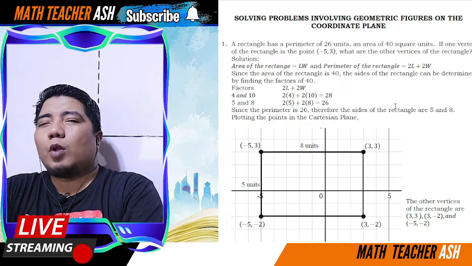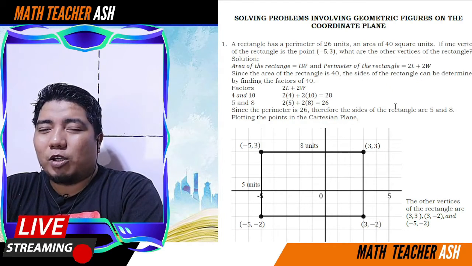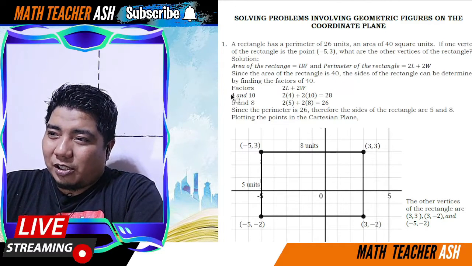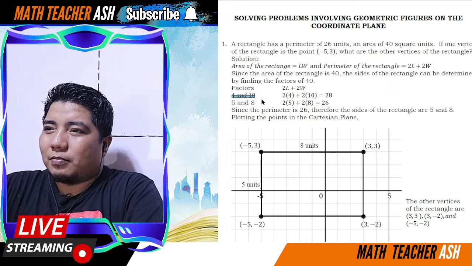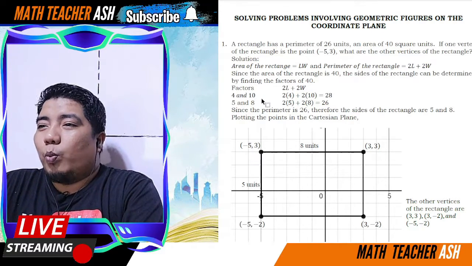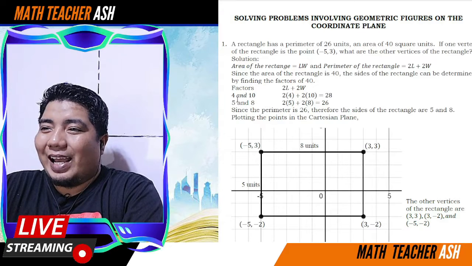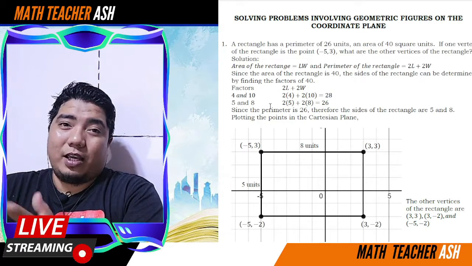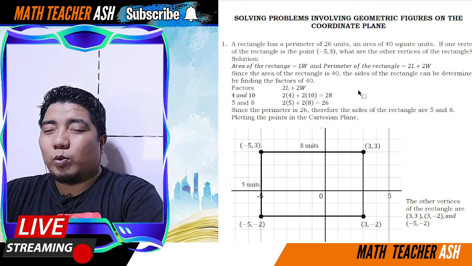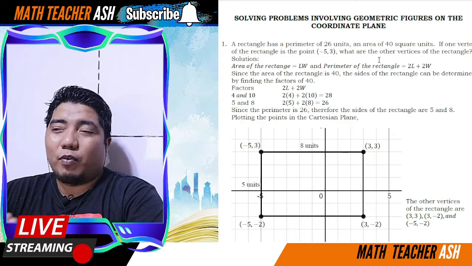Okay? We also have 5 and 8 because 5 times 8 is 40. Question is, which among the factors 4 and 10 and 5 and 8 is the perfect fit for our perimeter having 26 units and area having 40 square units?